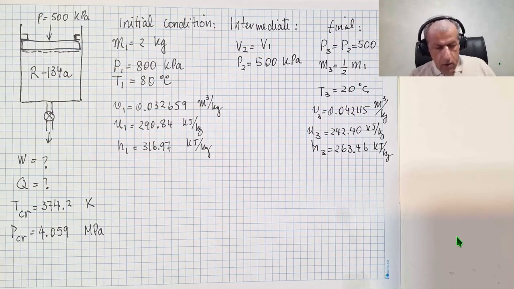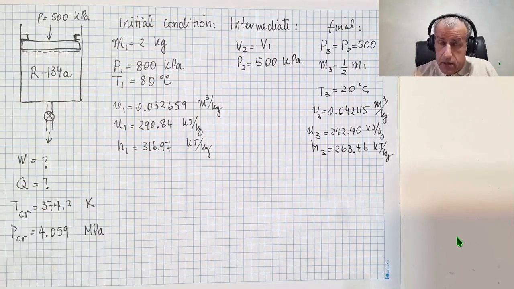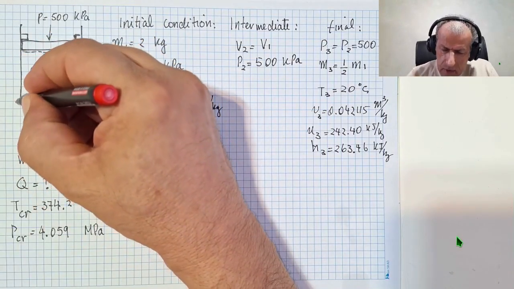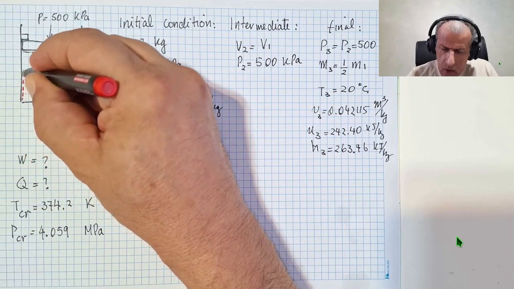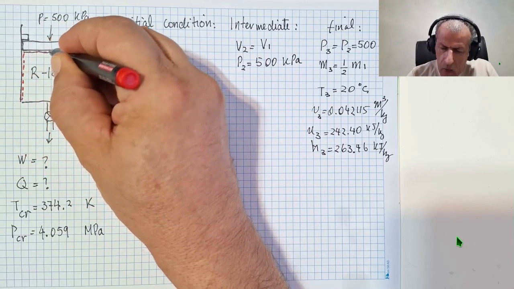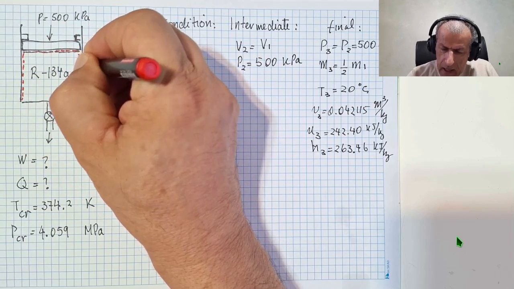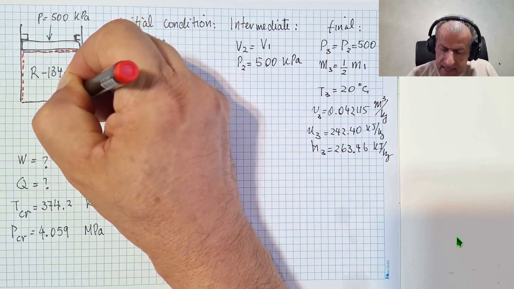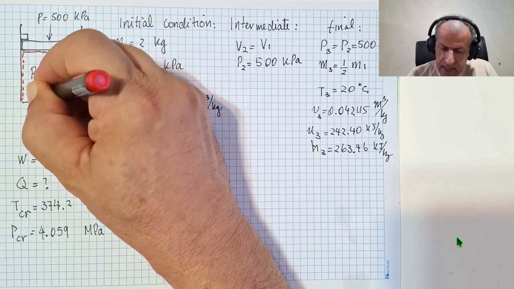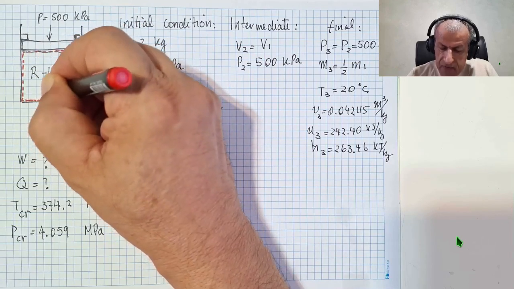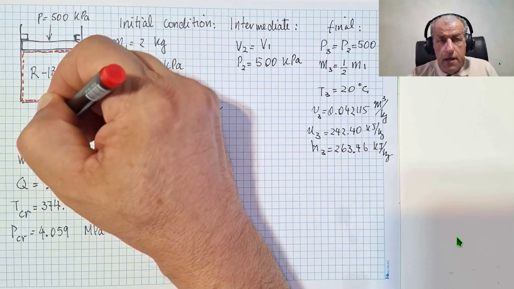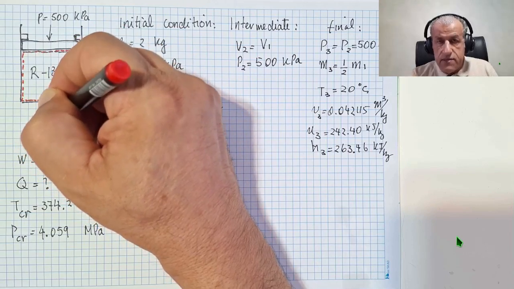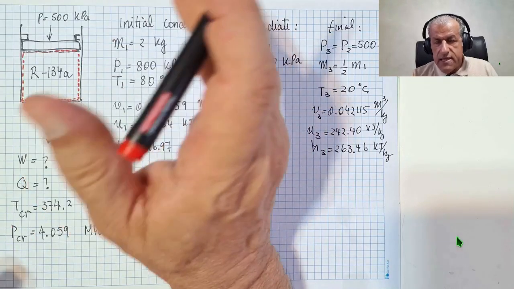You see, what I would do first, and that's important, is to select the boundary you want to study. And the boundary you want to study, the control volume, is the R134a, so long as it stays inside our cylinder piston device. I mean, if it leaves our boundary, if it leaves our cylinder, then it won't be inside our boundary.